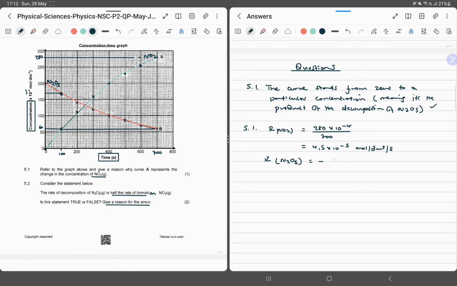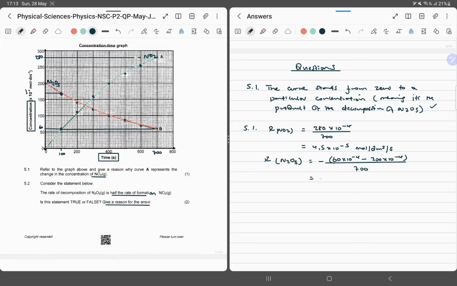So that is 60 times 10 to the minus 4 minus 200 times 10 to the minus 4, all over, say that time is 700 as well. So let's see, minus into 60 times 10 to the minus 4 minus 200 times 10 to the minus 4, divide by 700.